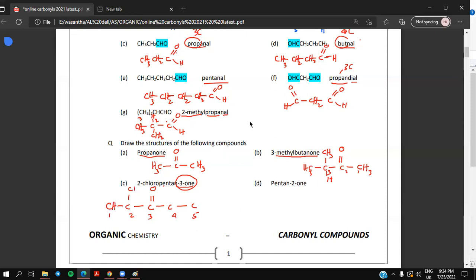This is CH3. One hydrogen comes here. This is CH2. This is CH3. This is the structure for 2-chloropentan-3-one.